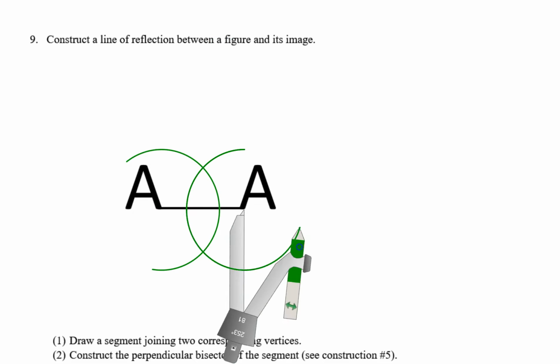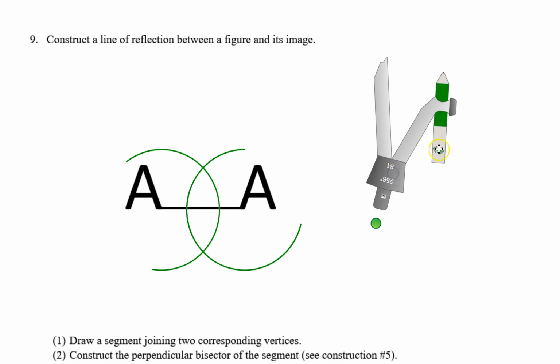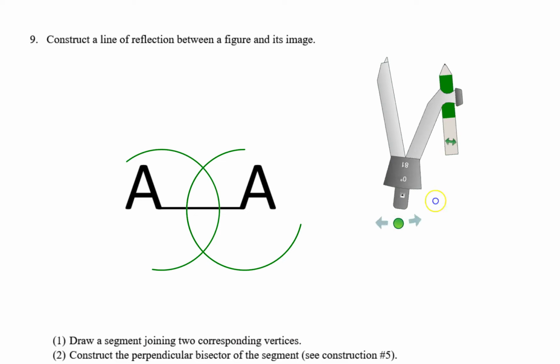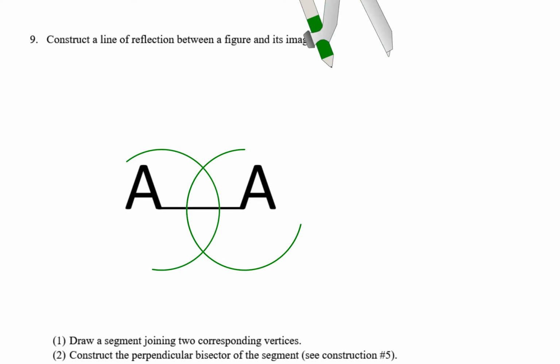Do the same thing on the other side. Alright, so where these two intersect, that's where we're going to draw our line. Okay, so through those two intersections, this line that I've created is the line of reflection that maps A to A'.